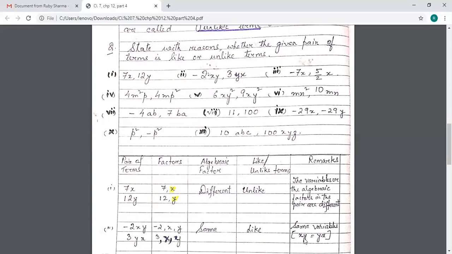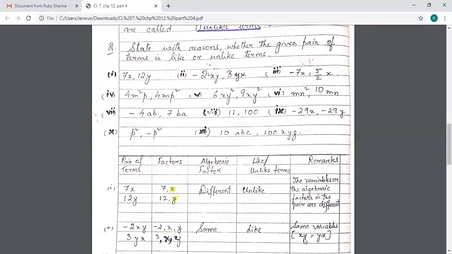You can say x into y, two numbers when multiplied or added in any order will give you the same. So similarly, it is with the variables. Whatever value you put for x and y, xy will be equal to yx.